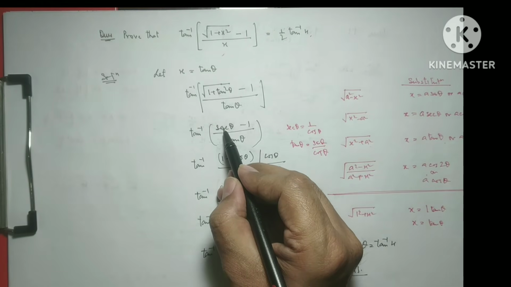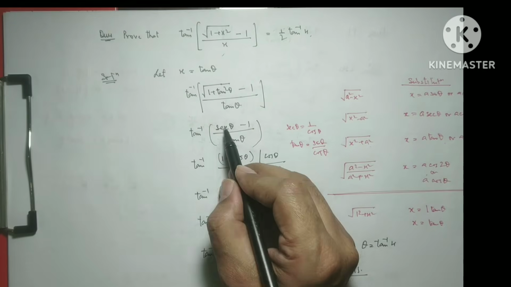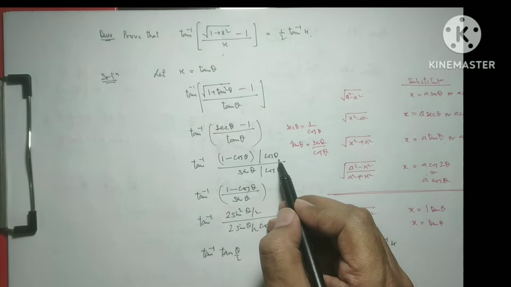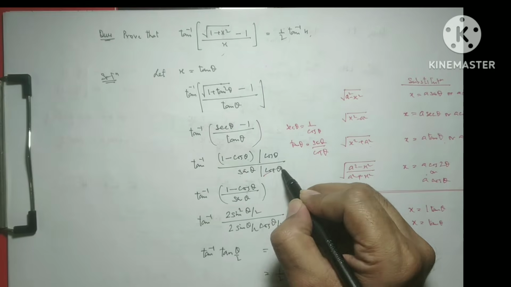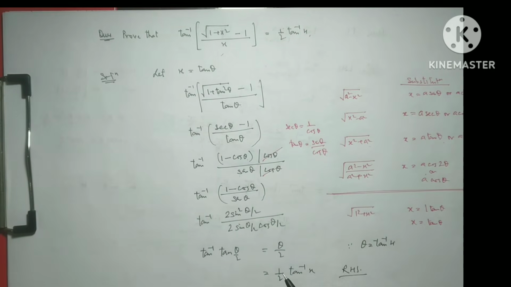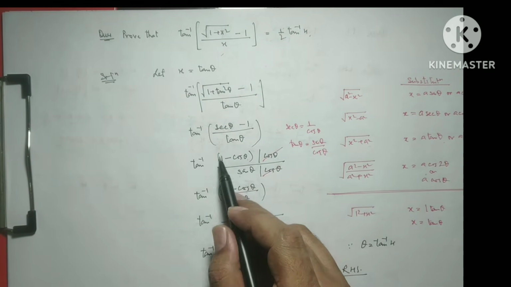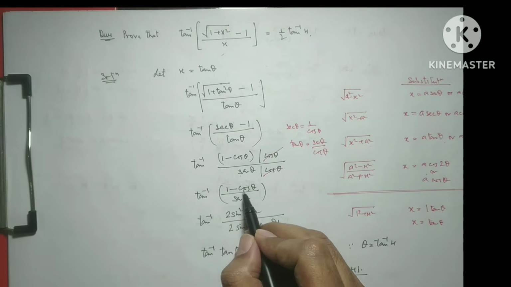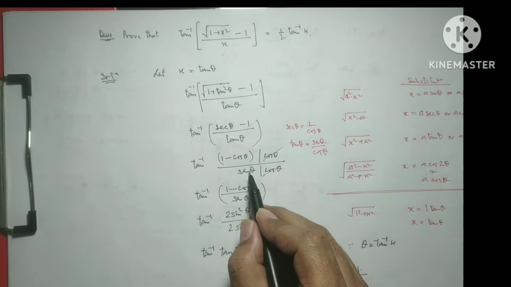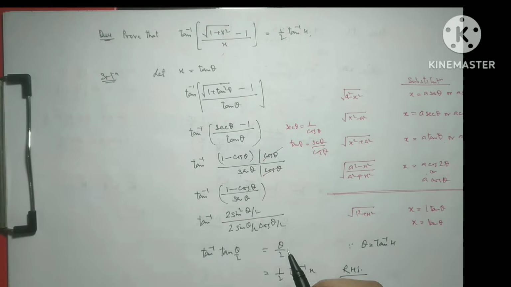So there is 1 over cos. On taking LCM we get 1 minus cos theta over cos theta, and this is sin theta over cos theta. So you can cancel this cos theta easily. Right now as a resulting expression you have tan inverse of 1 minus cos theta divided by sin theta.